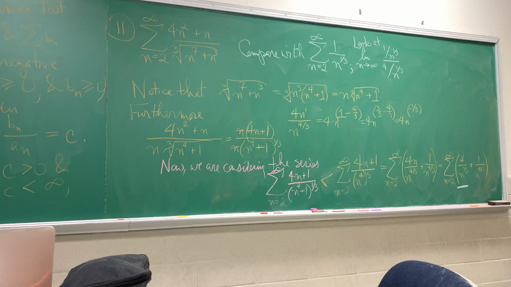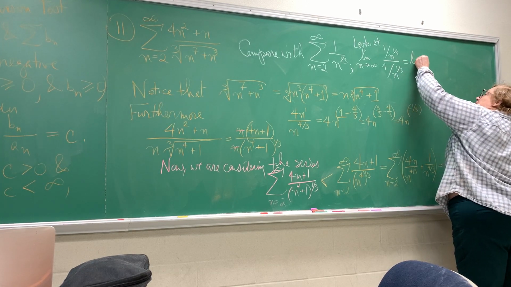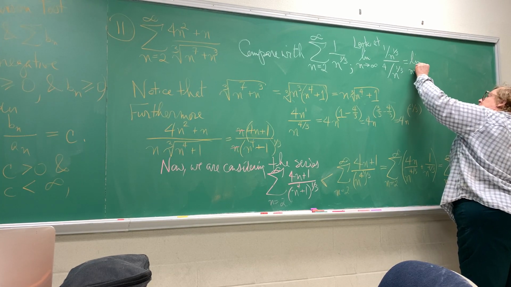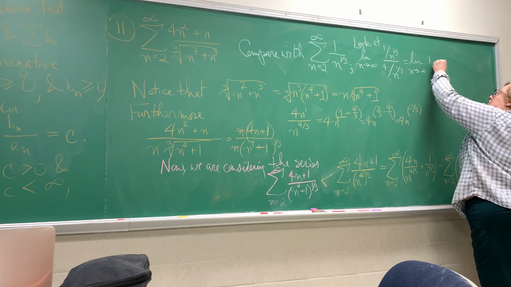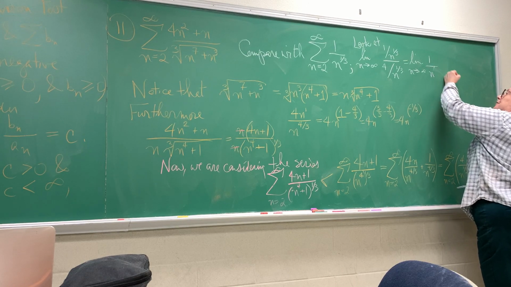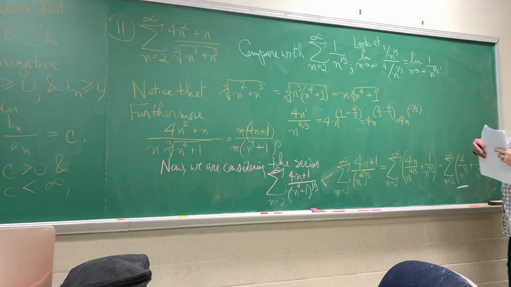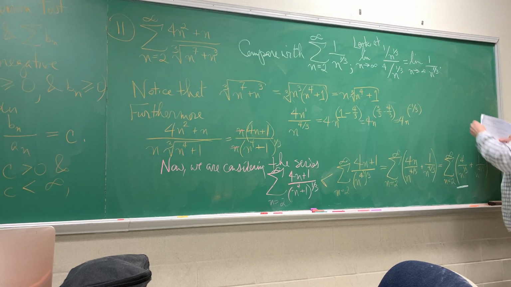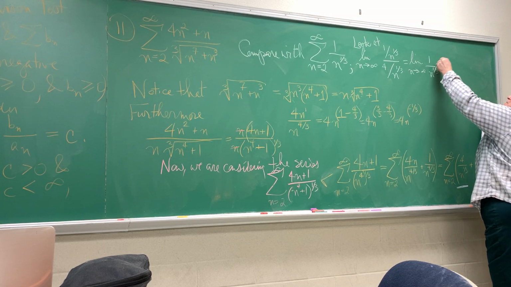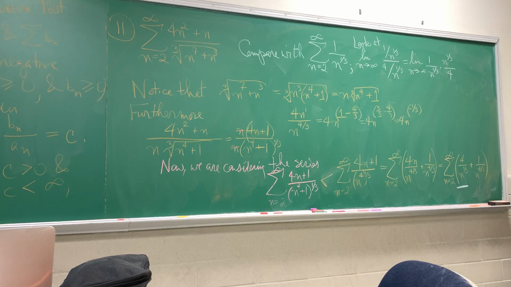When we invert the denominator fraction and multiply, let's just write it out. Then we'll have the limit as n goes to infinity of this first n to the 1/3, and then I'm finding the reciprocal of the denominator, that'll be n to the 1/3 over 4.